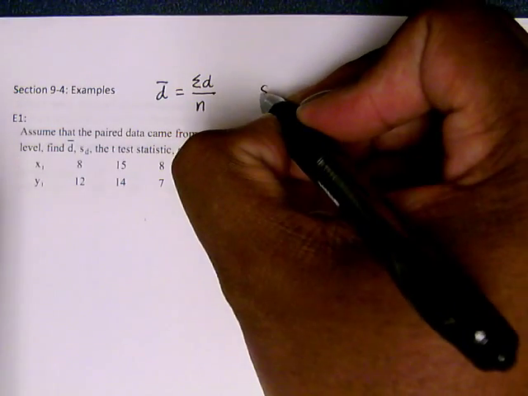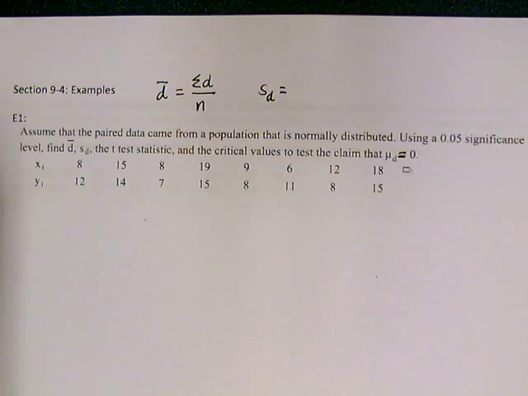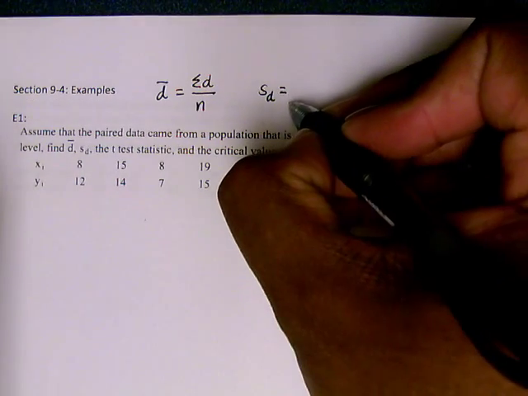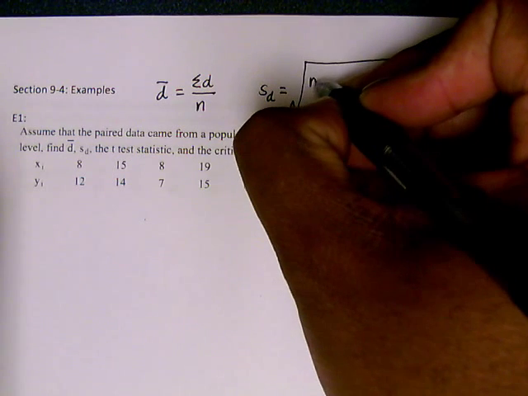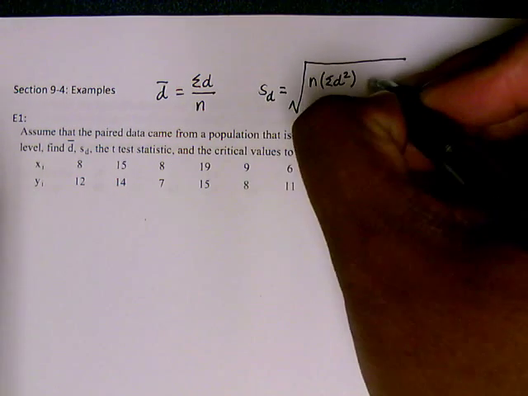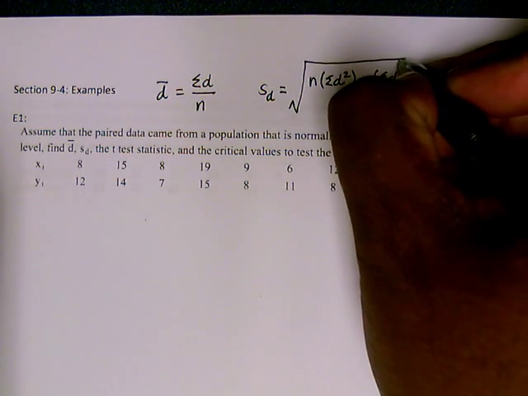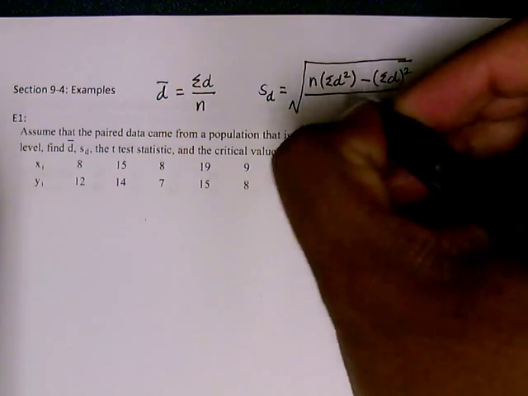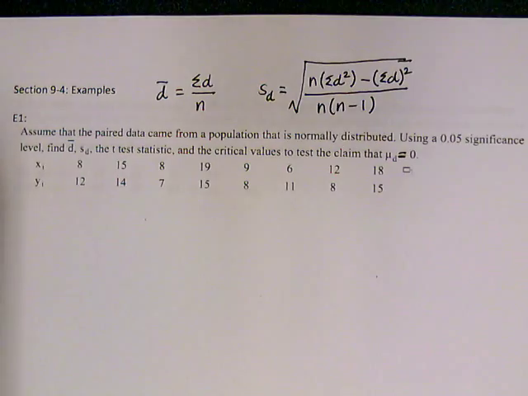And then we also have s of d, which is your sample standard deviation of your differences. That's going to be the square root of n times the sum of all your d squares minus the square of the sum of all of your d's, divided by n times n minus 1.